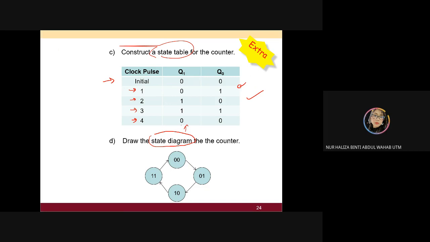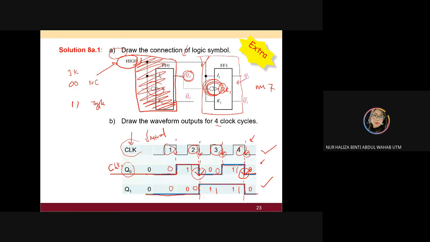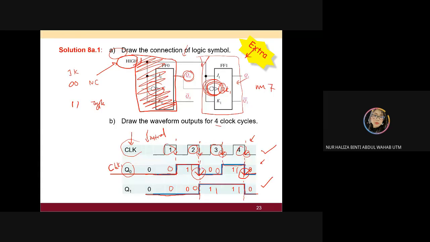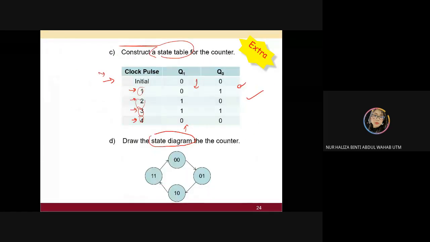Okay, this is the correct flow. Don't just simply say, okay, I know by looking at this flip-flop that it is counting up on positive clock, so it should be following counting up. But you wrongly get the value at each cycle. Also, you're going to get it wrong like yesterday.